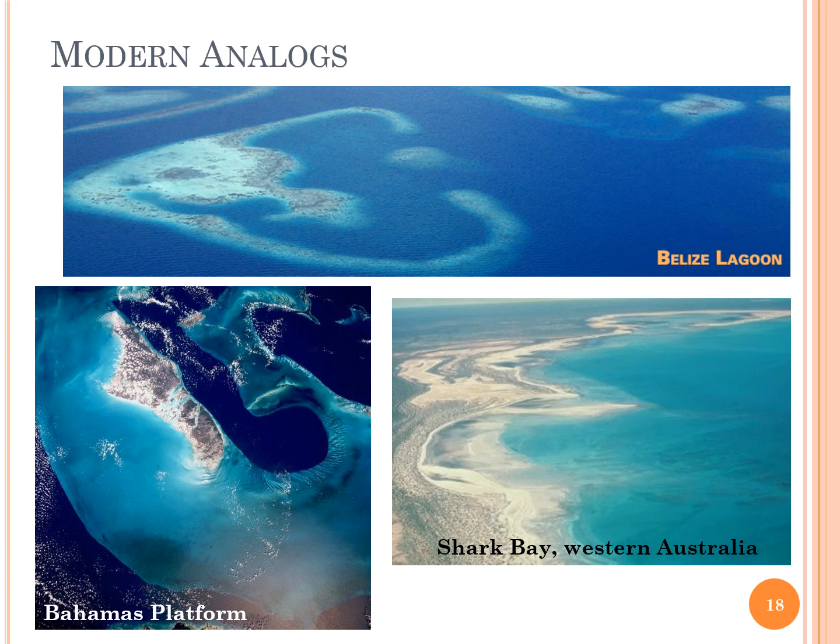Finally, in this section, let's take a look at some modern analogs, places where nowadays the environment would be very similar to the environment that the Indiana limestone formed in 340 million years ago. I've chosen three locations: the area off of Central America, the Belize area, the Bahamas platform in the Caribbean, and finally Shark Bay off of Western Australia.